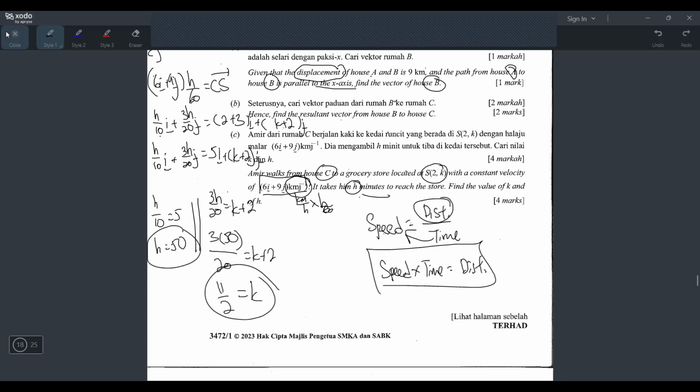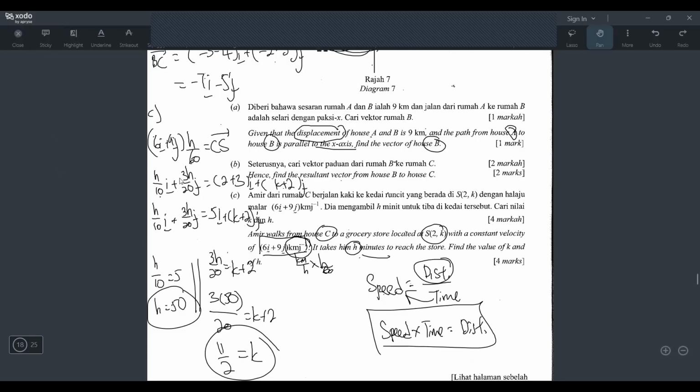Now do you understand why I take the speed times the time? If I take speed times time, I will get the distance, which is CS. And then I compare the coefficients. So it actually makes sense to do it like this, right?